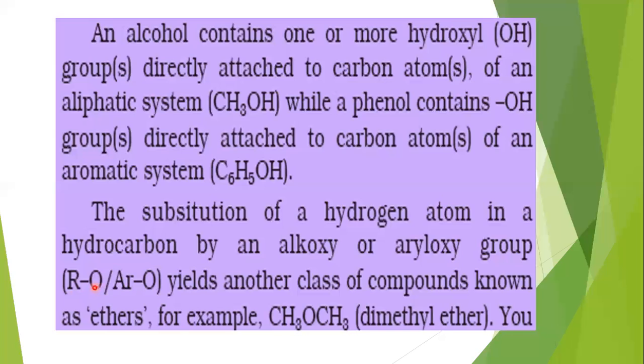That is, hydrogen is replaced by OR or OAr group. It gives a new compound which is called ether. For example, initially this is CH4, and in this CH4 a hydrogen is replaced by an OCH3 group. Then it is called ether.